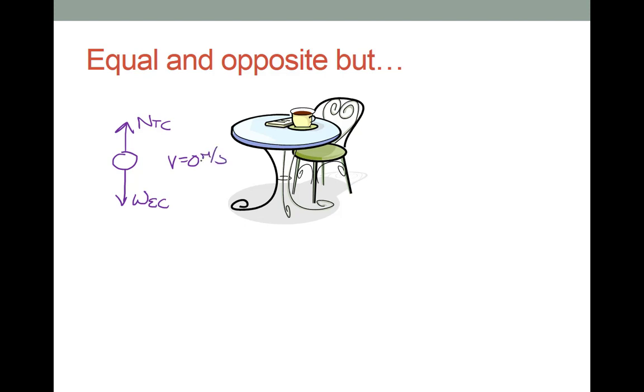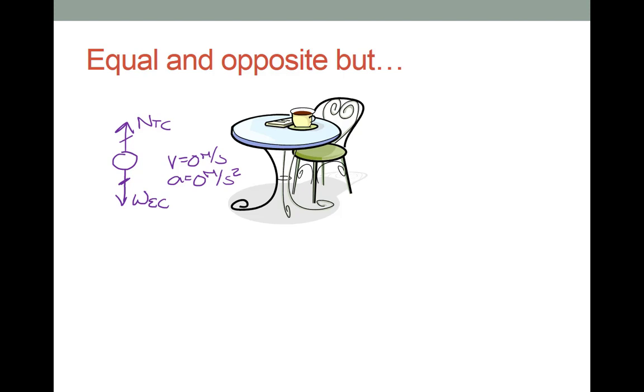And it's going to remain stationary, and more importantly, because it's going to remain stationary, these two forces are equal. So the normal force from the table on the cup has to equal the cup's weight in these circumstances.